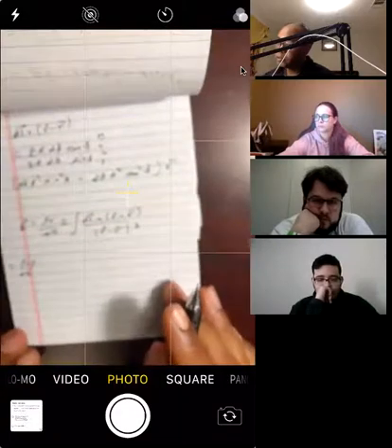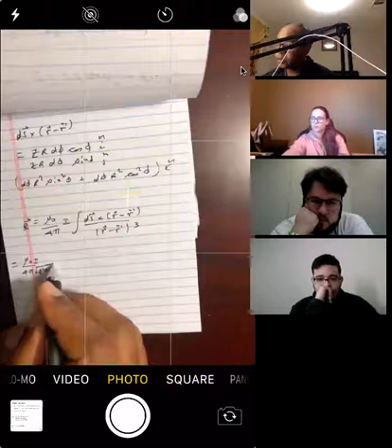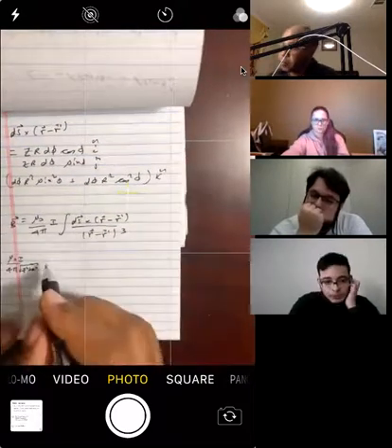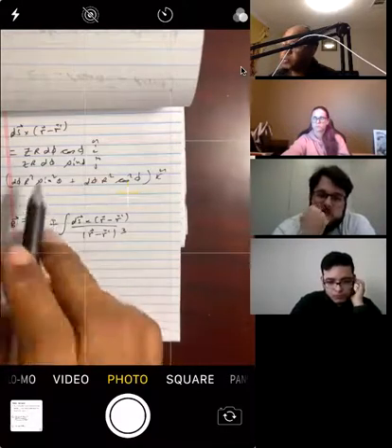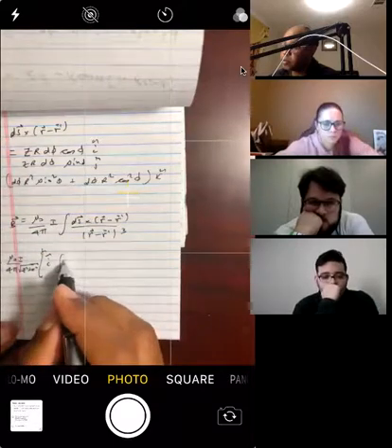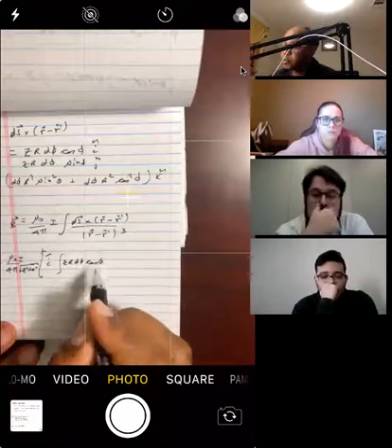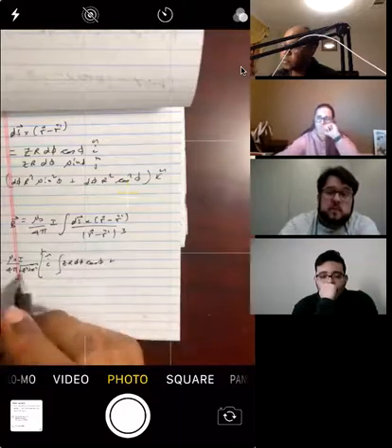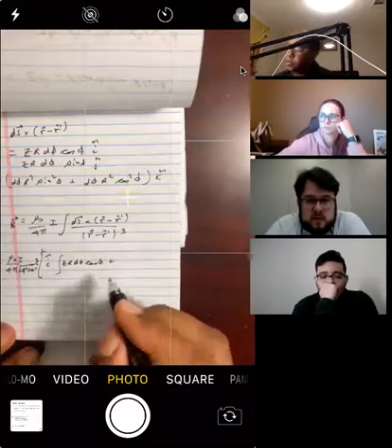The integral is over d phi. Now we have an i integral, which is this one: z r d phi cosine of phi. This is cubed. All right, so that's in i.